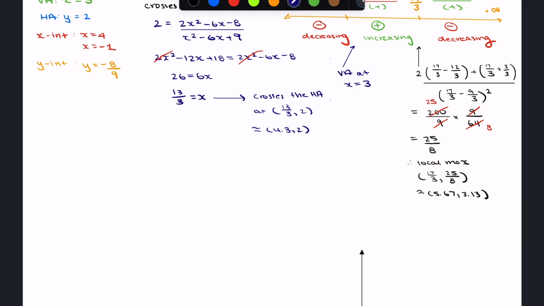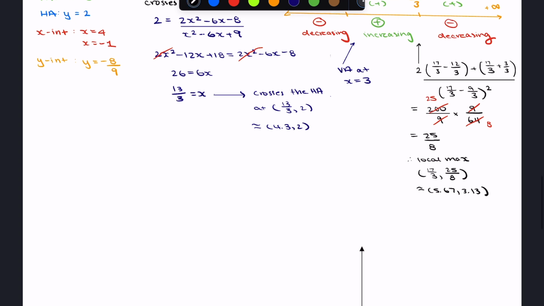And here, finally, with the second derivative, d²y over dx², that's equal to 0 when x is equal to 7. So here, we see that also the second derivative is undefined when x is equal to 3.